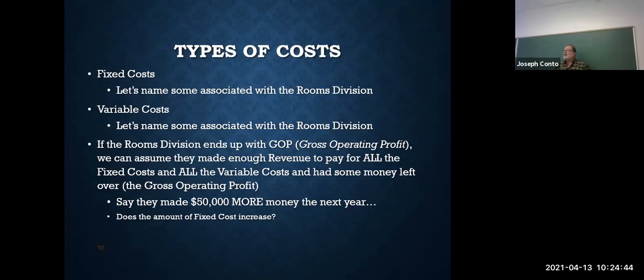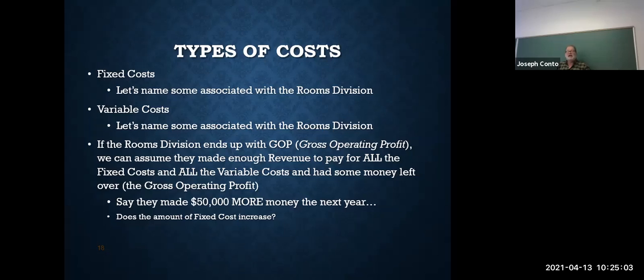We know that our payroll is probably going to eat up 28% of that $50,000 because we see that every time I make $1 in revenue, 28 cents of it goes to pay for payroll, and 13% of it goes to pay for utility costs, and 3% of it goes to pay for marketing.